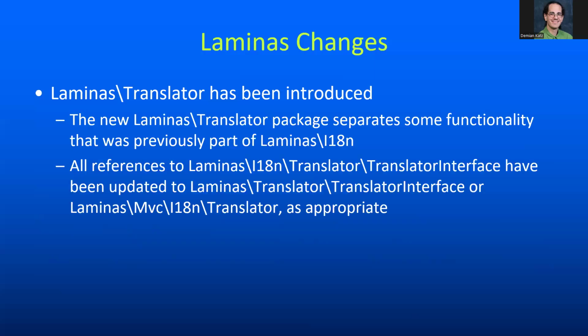So all references to the Laminas I18N translator interface have been updated to the new, shorter Laminas translator interface, or the MVC specific implementation, I should say, as appropriate. So if you have custom code that references the translator interface, just be aware that minor adjustments may be needed.